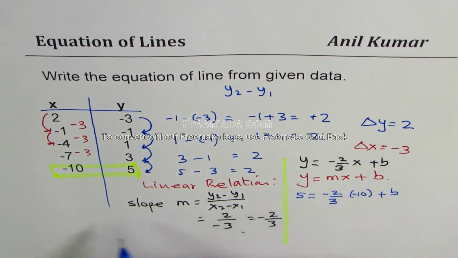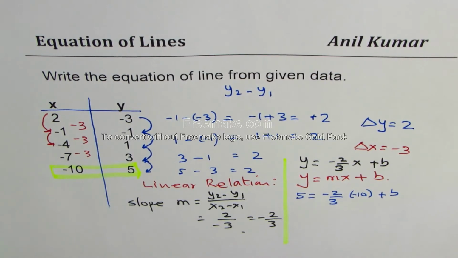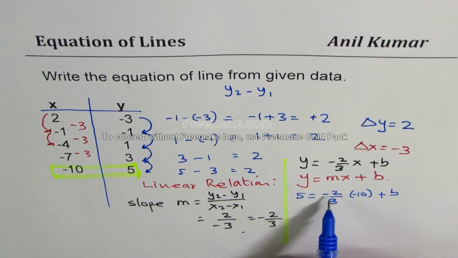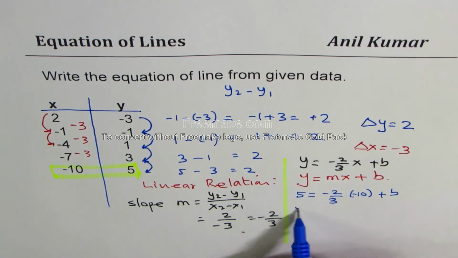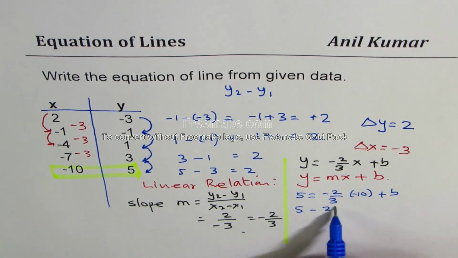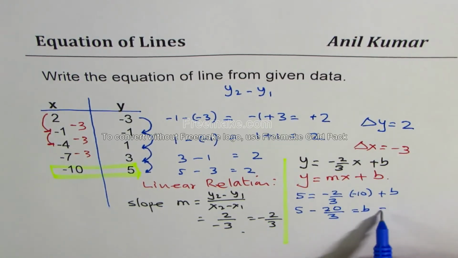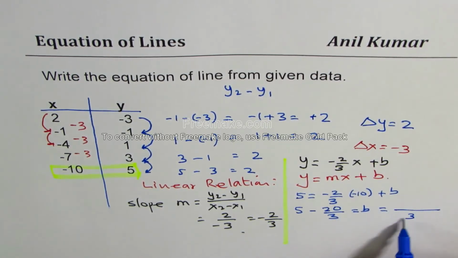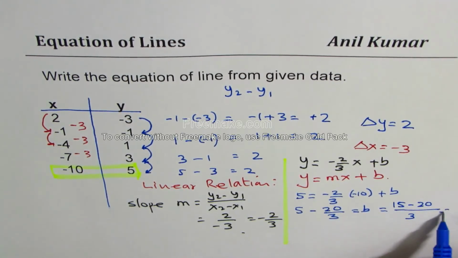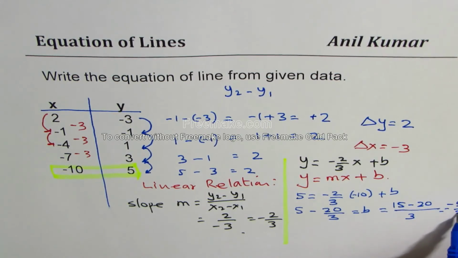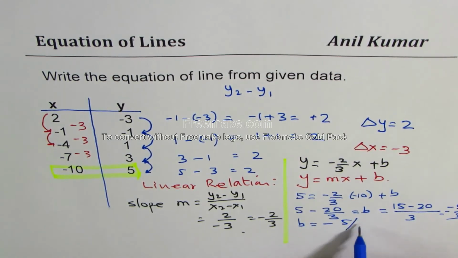I've taken a difficult value. You should choose something like minus 1, okay? So when you multiply, that becomes positive 20 over 3. And when you bring it to this side, it becomes 5 minus 20 over 3 is the value of b. Now taking 3 as the common denominator, it becomes 15 minus 20 over 3, which is minus 5 over 3. So b is equal to minus 5 over 3.